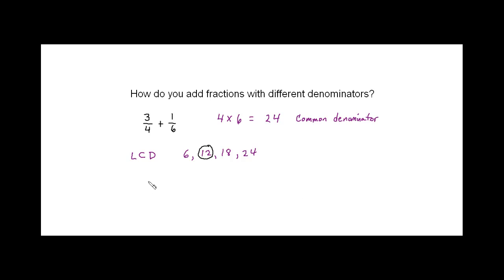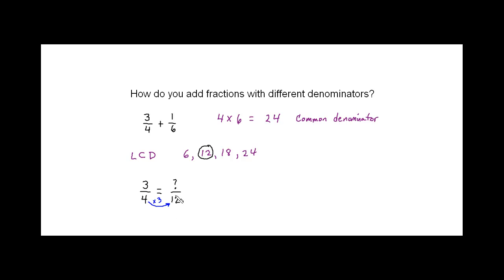So let's make equivalent fractions. Let's start with 3/4. We want to change 3/4 into a new fraction with a denominator of 12. You can see that 12 is 3 times bigger than 4. So that means that 4 must have been multiplied by 3 in order to give us 12.